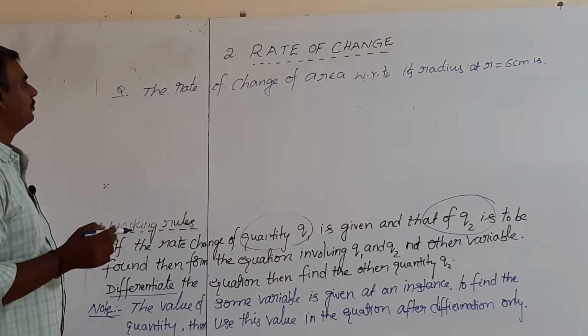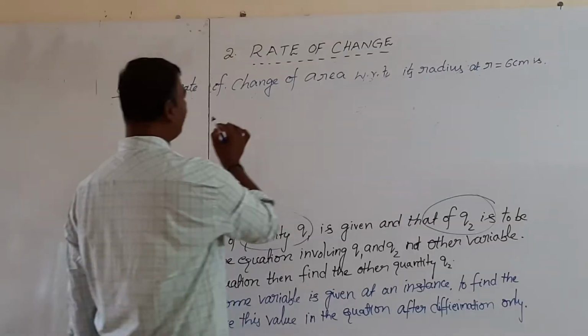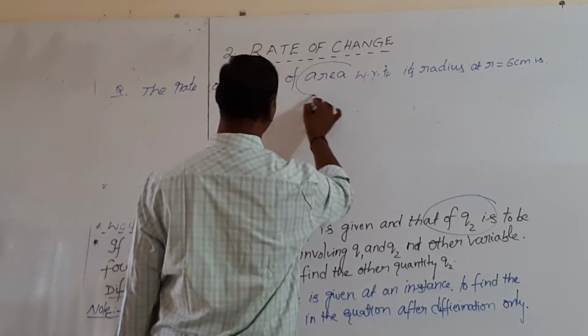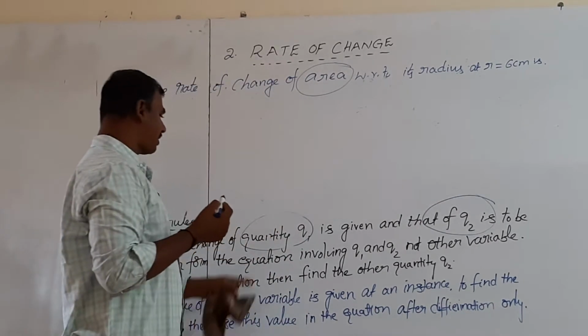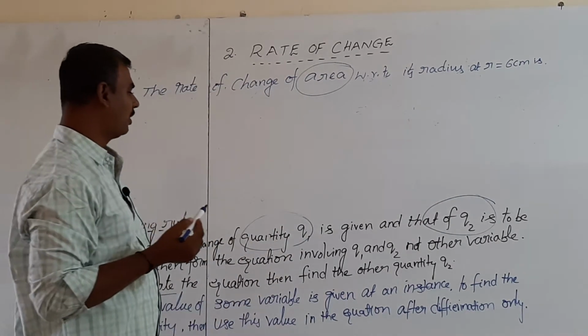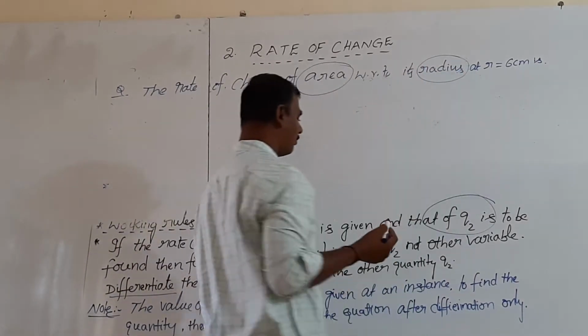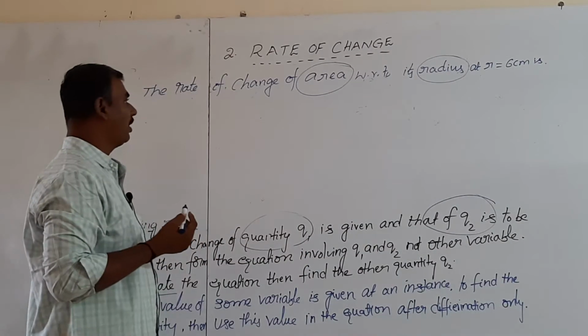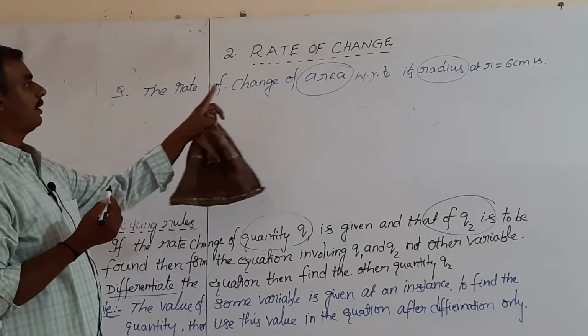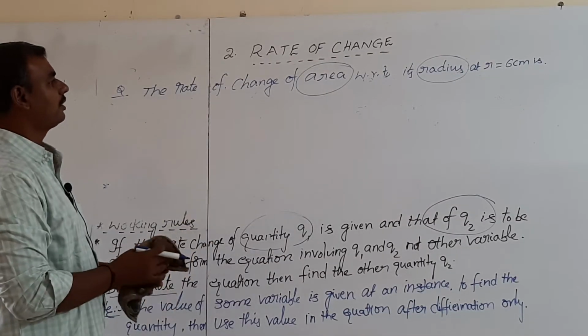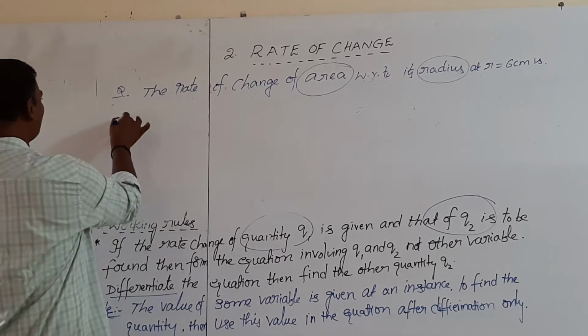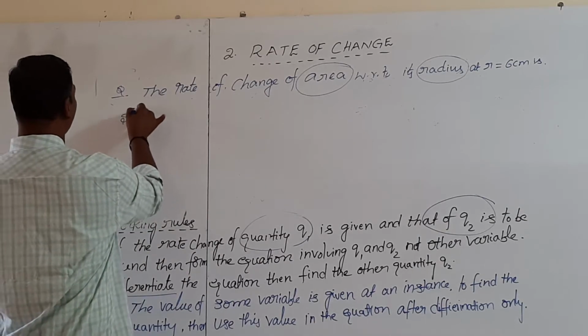In this problem, mainly we have to identify the variables, the quantities. So the Q1 and Q2 quantities are area and radius. Here mainly we are observing with respect to radius. We know the area of a circle.